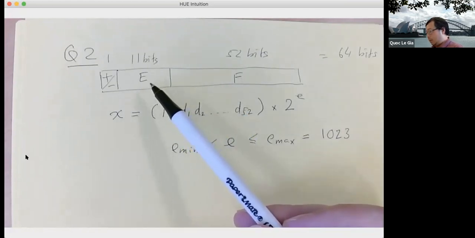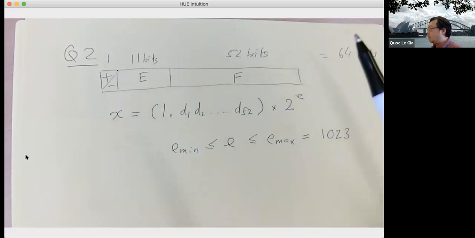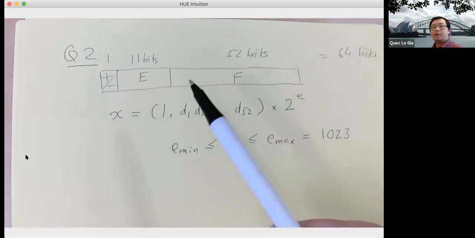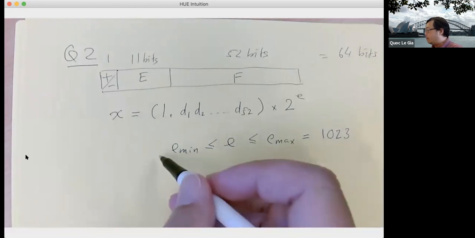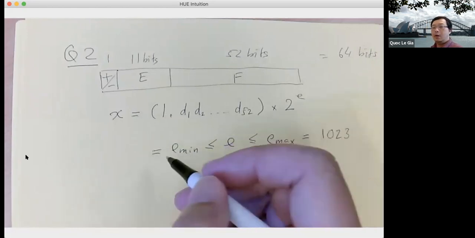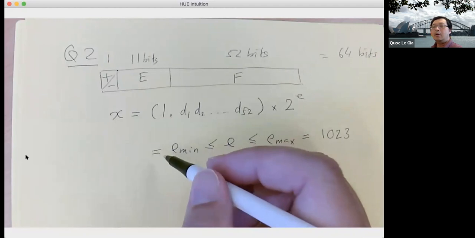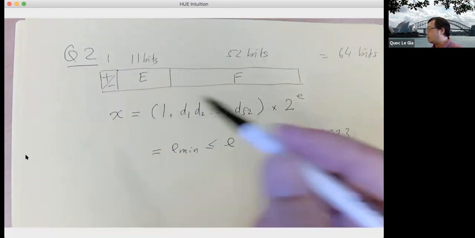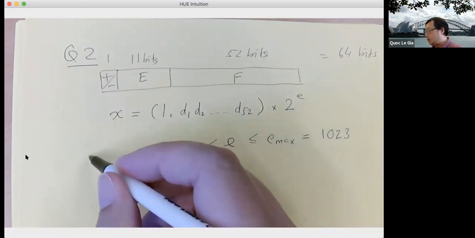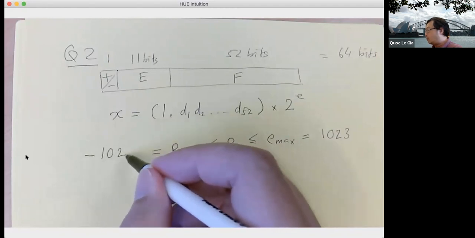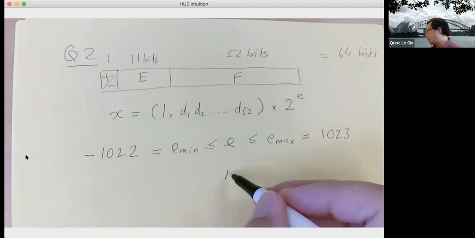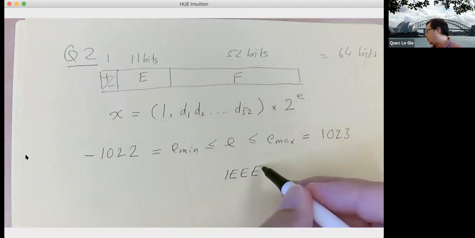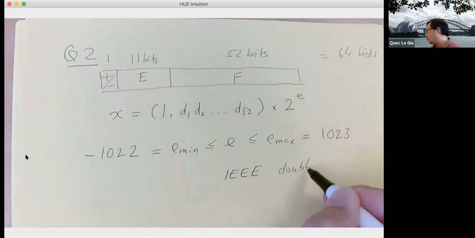But because you reserve some values, first you want negative powers as well, and then you reserve some special values for not a number, infinity, and not normalized numbers, eventually E min is only minus 1022 and E max is 1023. So this one is IEEE double precision.